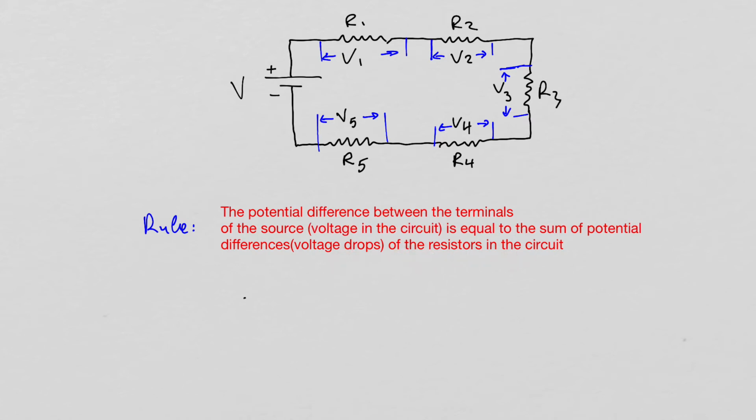Or in other words, V is equal to V1 plus V2 plus V3 plus V4 plus V5 plus, and if we have more resistors, you just keep on adding the voltage drops for each resistor. So again, the voltage in the circuit, which is supplied by the power source, is equal to the sum of the voltage drops in each resistor.